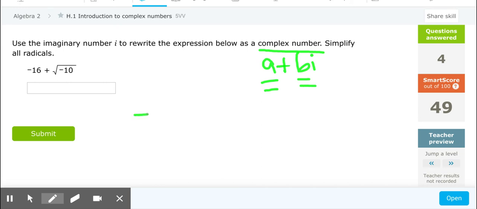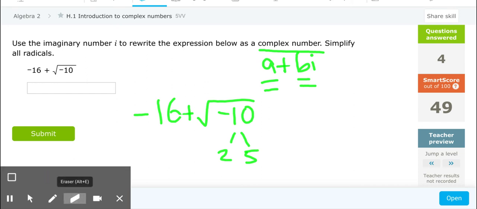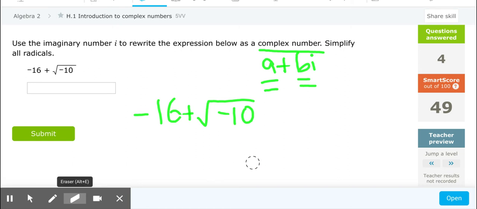So when we have negative 16 plus the square root of negative 10, what we want to do is see what we can take out of this square root. Now the only thing that this breaks down to is 2 times 5, or negative 2 times negative 5. But since neither of those would be able to have a square root, that won't help us simplify that. So we don't need to reduce this. We just need to take out the i.